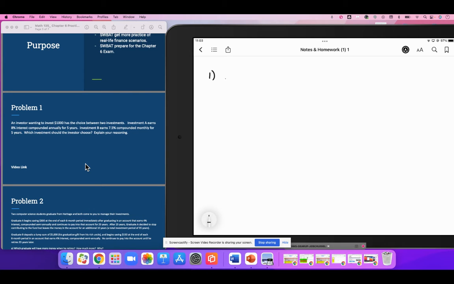So let's go ahead and start with the 8% compounded annually first. And as always, we will have our SERMTN here. So we are depositing $1,000.